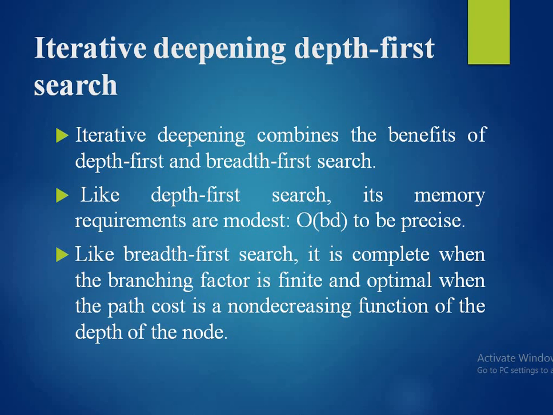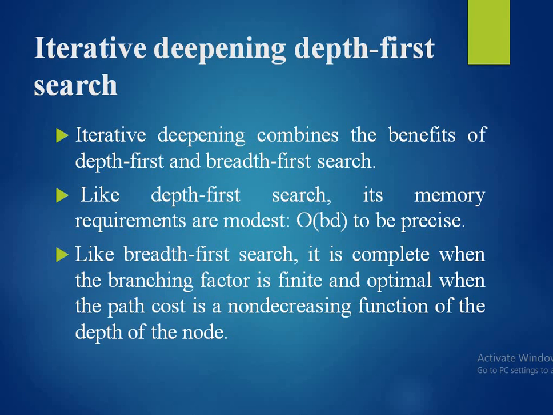The iterative deepening combines the benefits of the depth first search and the breadth first search. Both of these search strategies we have studied in our earlier videos. To get an idea about them, you can refer to our previous videos.